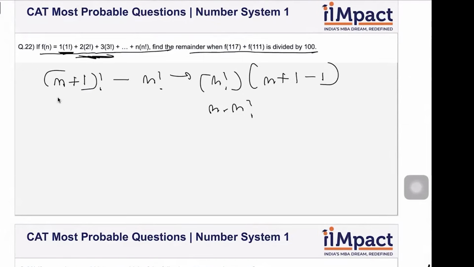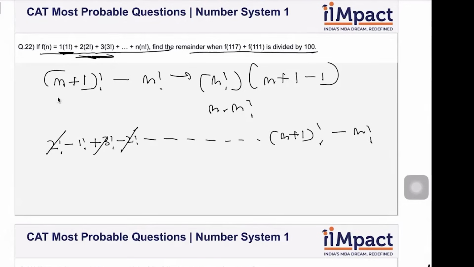So if I start writing this as n plus 1 factorial minus n factorial, I'll get 2 factorial minus 1 factorial plus 3 factorial minus 2 factorial, and so on until finally n plus 1 factorial minus n factorial.